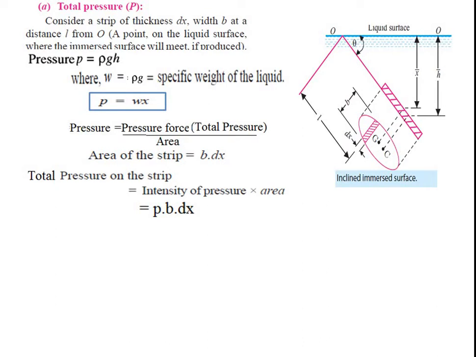But here we know that P is W into x. Putting this value here, the total pressure on the strip is equal to W into x into b into dx. But as we know, L is equal to x bar divided by sin theta.